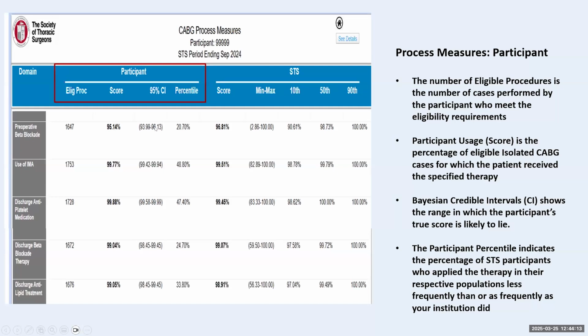You've got your credible interval. You've got the percentile, and the participant percentile indicates the percentage of STS participants who applied the therapy in their retrospective populations less frequently than or as frequently as you did. So you can kind of get an idea. You're at 95, your score, there's about 20% people that are just where you're at or below where you're at.